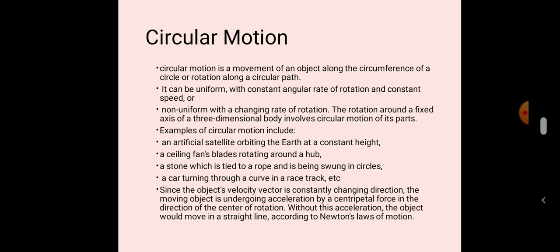The rotation around a fixed axis of a three-dimensional body involves circular motion of its parts.